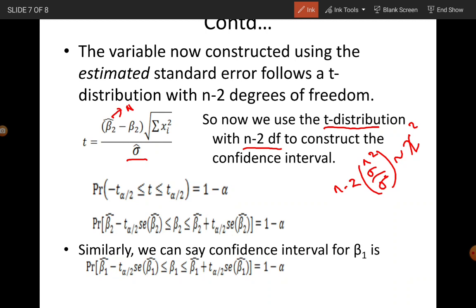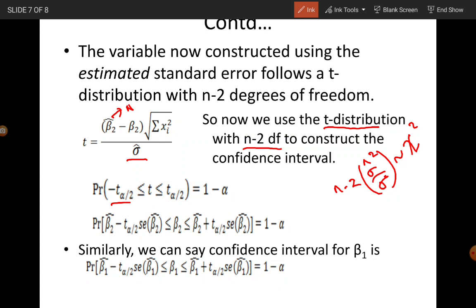If alpha is my level of significance, the lower confidence limit will be minus t alpha by 2, and the upper confidence limit will be t alpha by 2, where if alpha is 5%, my critical value will be t at 0.025, that is half of 5%.